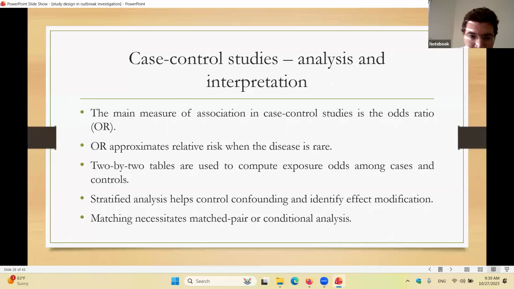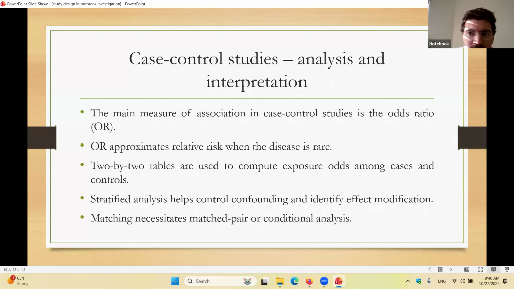Stratified analysis helps control confounding and identifying effect modification. Matching necessitates matched pair or conditional analysis.